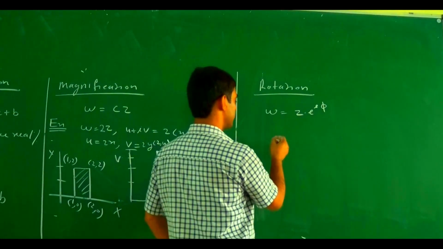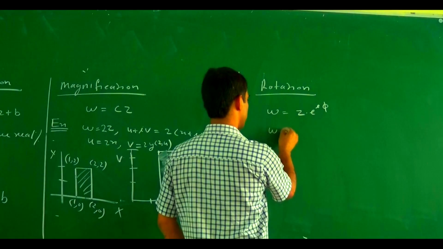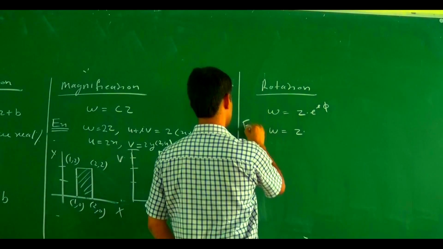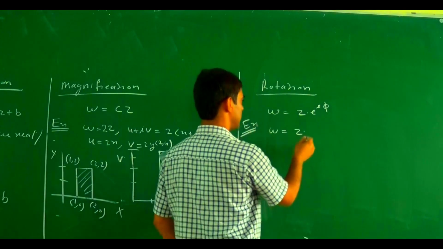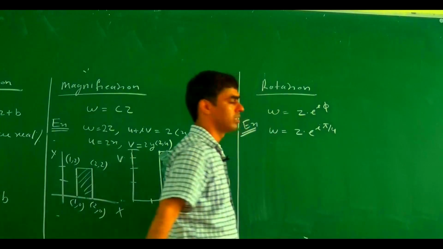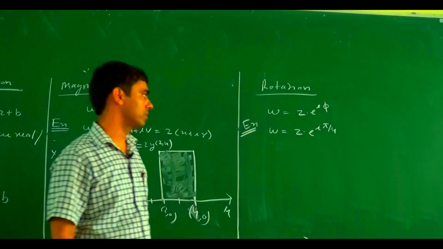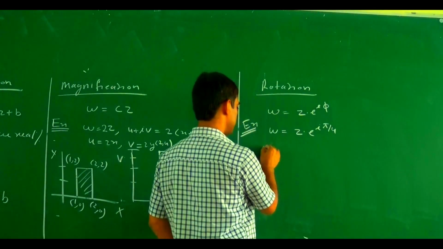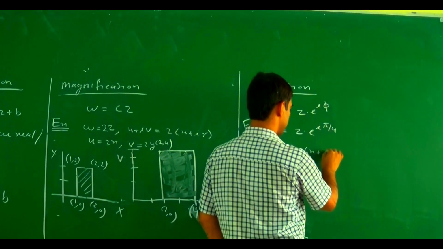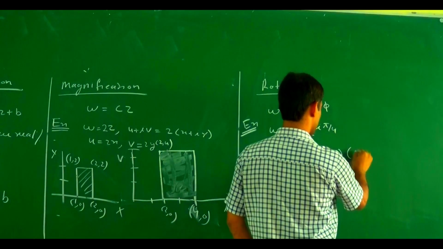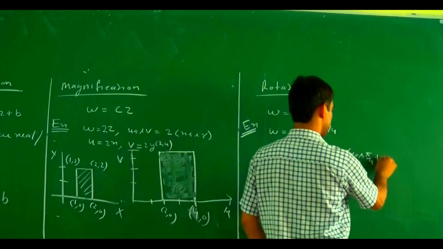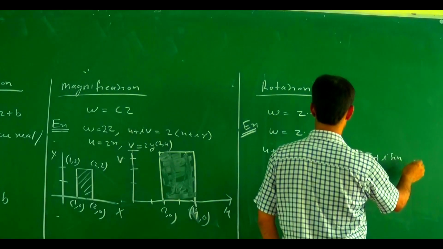So what is the meaning of this? Suppose w equals z into e to the power i pi by 4, another example. What is the real and imaginary part? u plus iv equals x plus iy into cos pi by 4 plus i sin pi by 4.